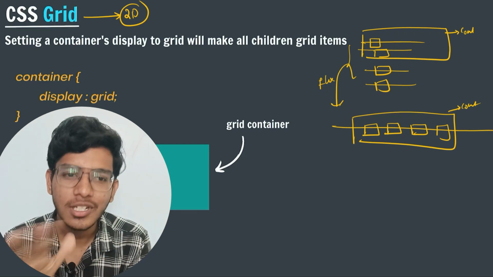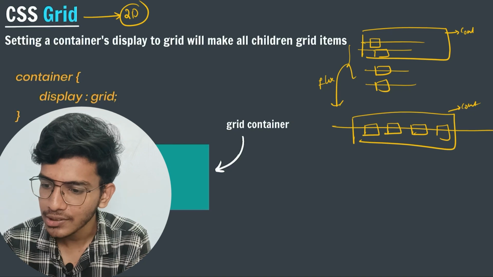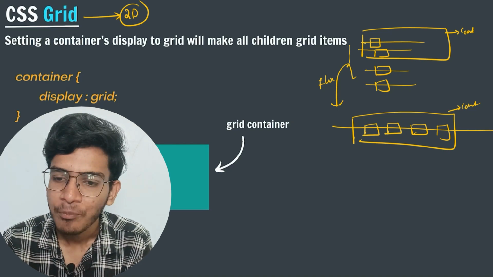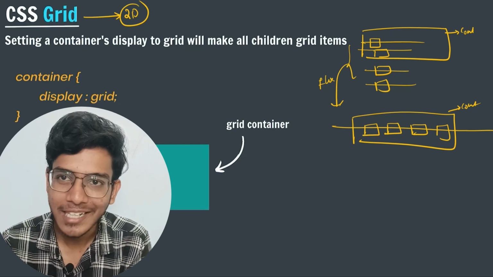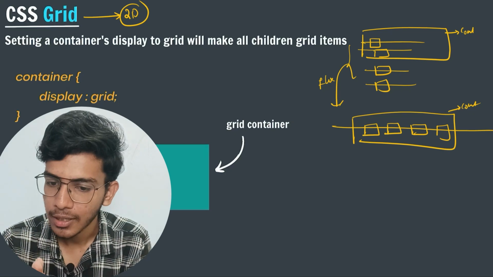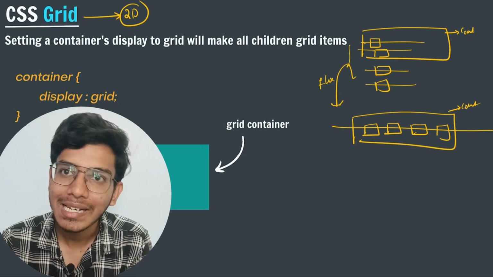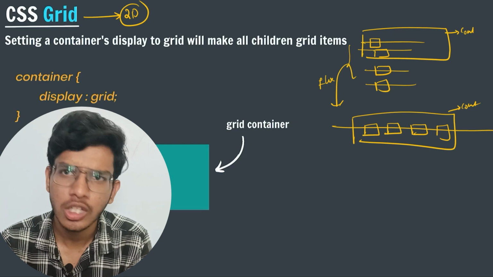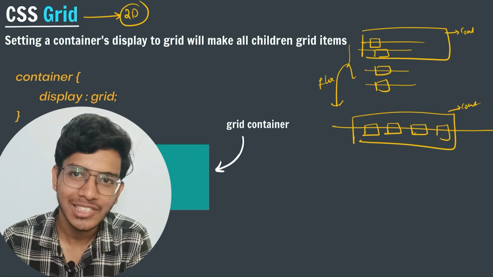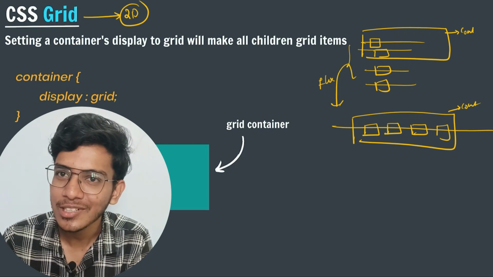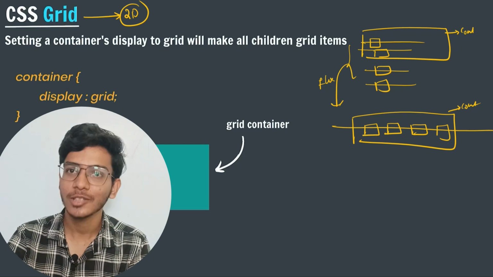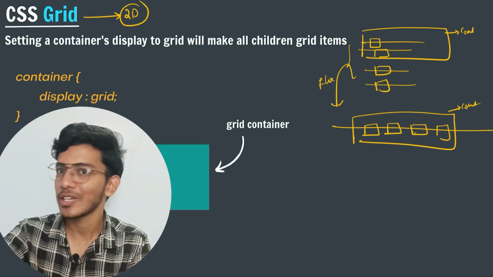In most cases, around 80% of the cases, we are going to use flex because it is easy to understand, and most developers use the flexbox model most of the time. But we should only use the grid model if we are creating a 2D structure, 2D design, or else flex is very viable and easy to understand, and we can understand what is happening in the flexbox model better when compared to the GridBox model.